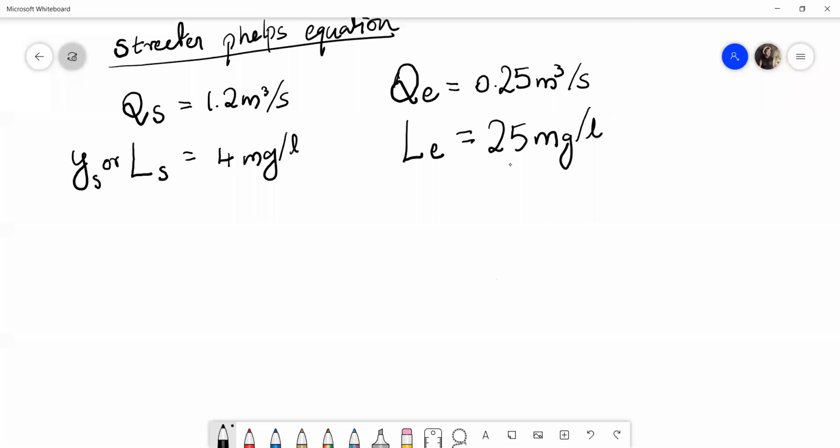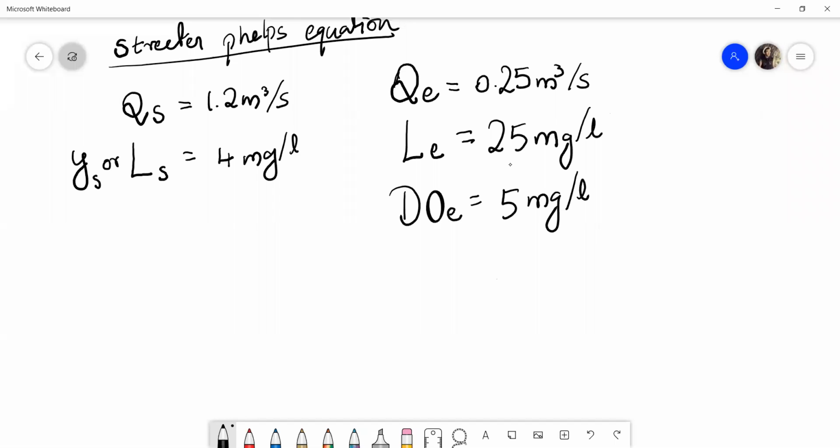Next one. What is given? DO is given for the effluent. We can take it as DO itself: the dissolved oxygen of the effluent is given as 5 mg per liter.